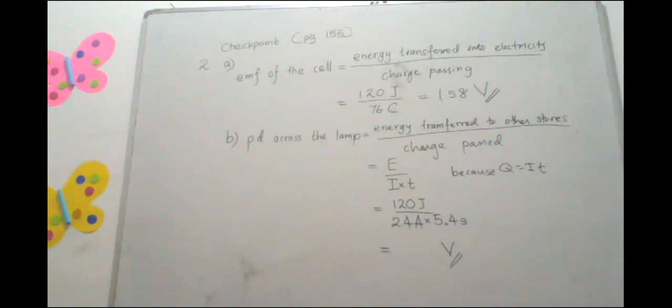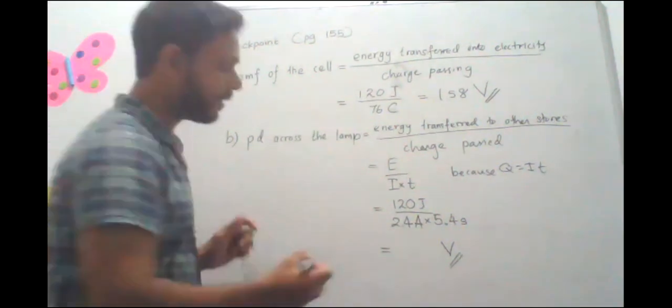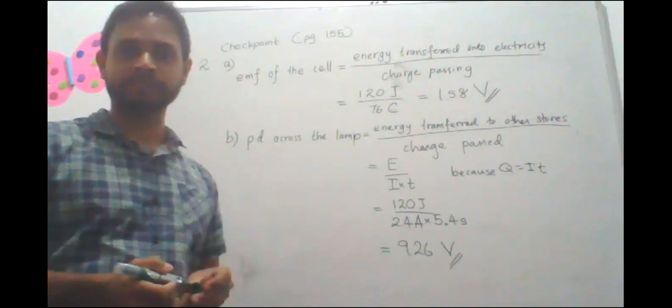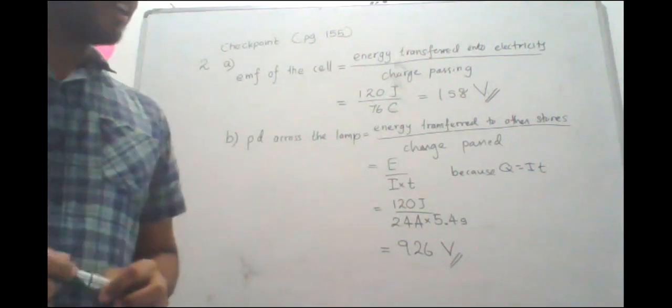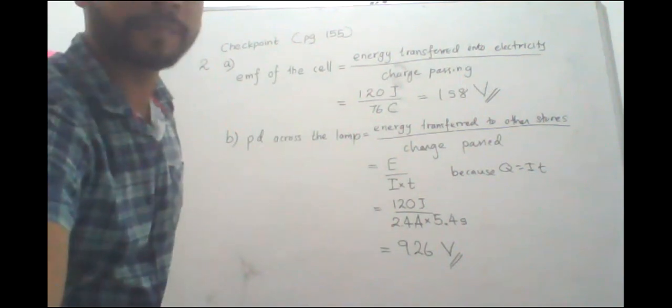So you need to use brackets, or put just a divide sign in front of 5.4. So you get the answer, 9.26 volts. Okay, I hope you are clear. If you want, you can copy it out.